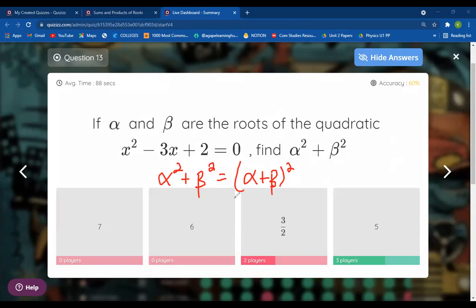Something's missing from here. Anybody? Come on, think hard. It's something to do with 2. So close. Okay, I'm gonna just say minus 2 alpha beta.